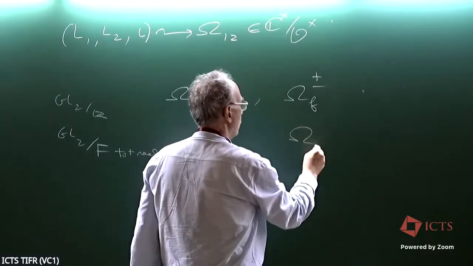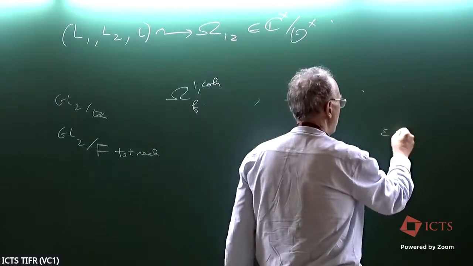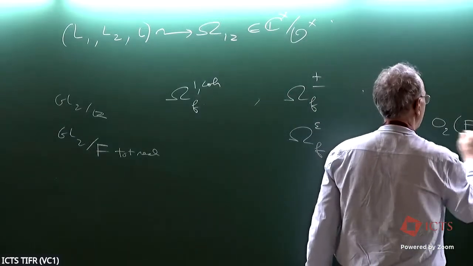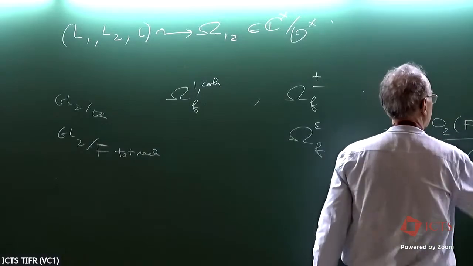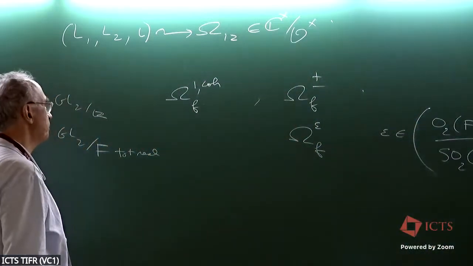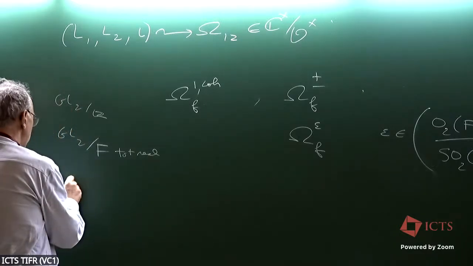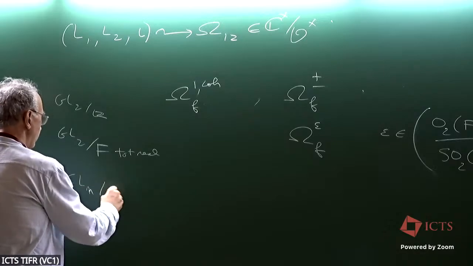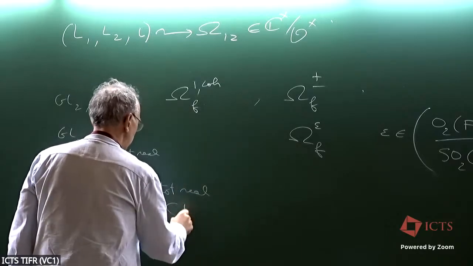We have omega f epsilon, where epsilon is a character of O2 of F tensor R over SO2 of F tensor R. And so we have these periods. Then we are talking about GLN over F, where F is either totally real or CM.